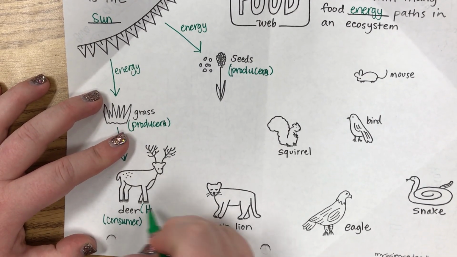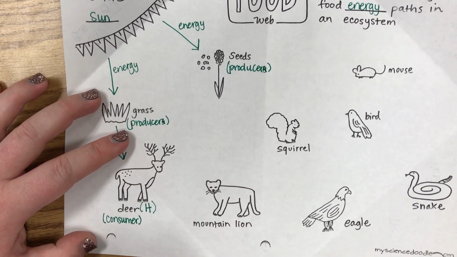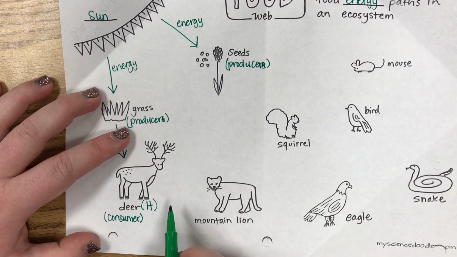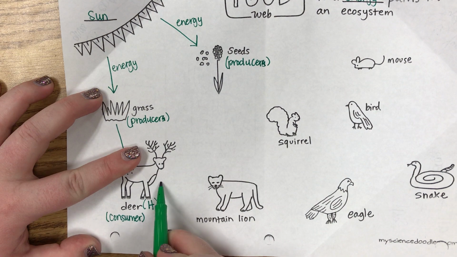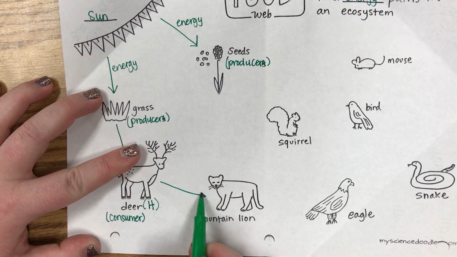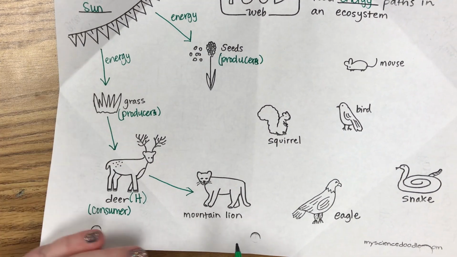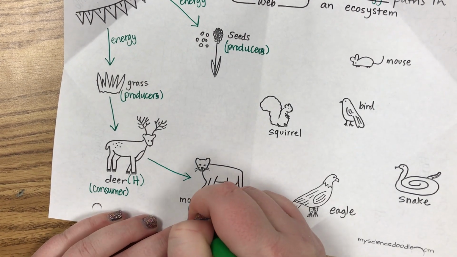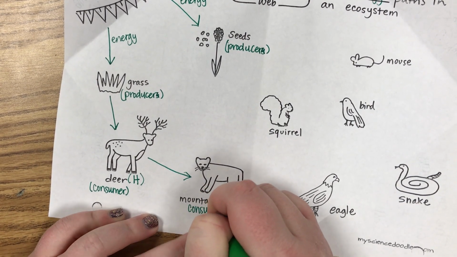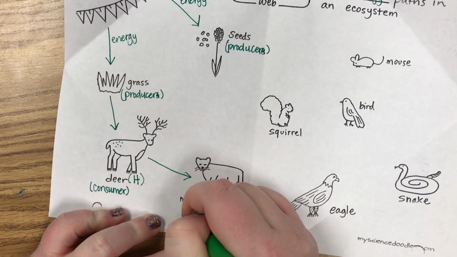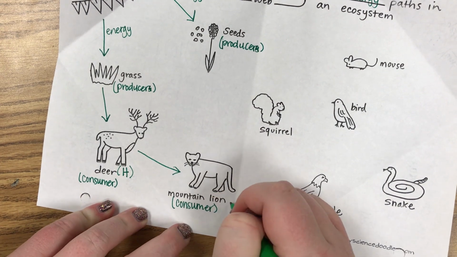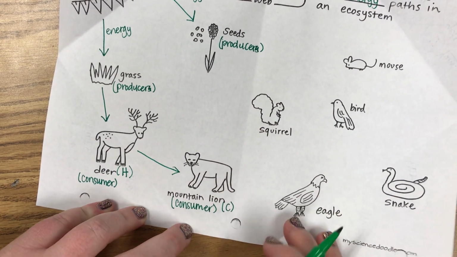Eats plants only. The mountain lion will receive energy from the deer. So the arrow again will go from the deer to the mountain lion. The mountain lion is also a consumer. It has to eat food in order to obtain energy. So because it has to eat, it is a consumer. And it is a carnivore. It's a meat eater.